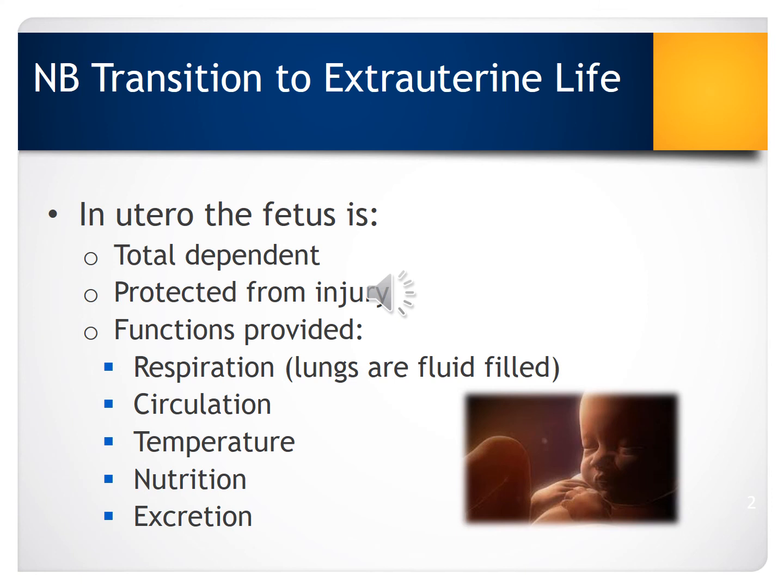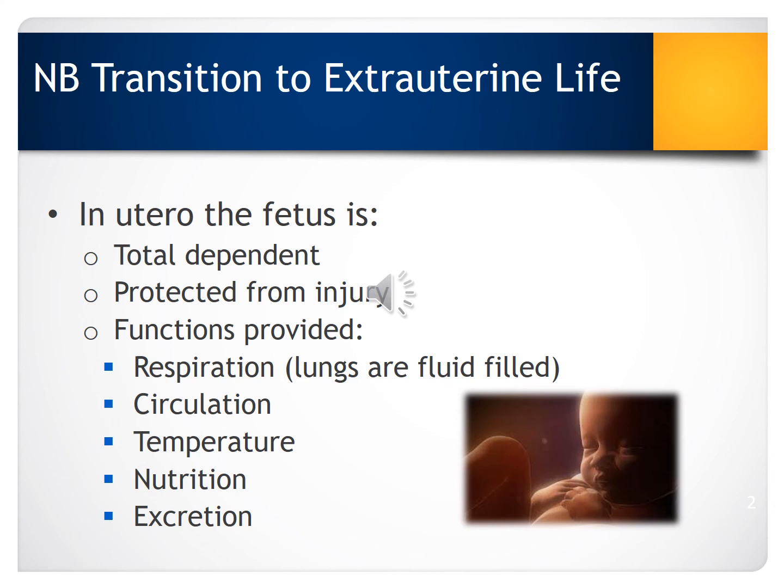In utero, the fetus is totally dependent on the mother for oxygenation, for blood supply, everything. It's protected from injury, being enclosed in the uterus and surrounded by amniotic fluid. The functions of the placenta basically were acting as the lungs.